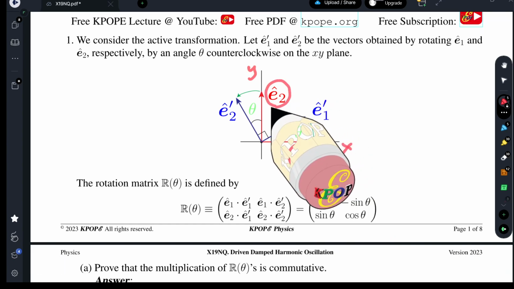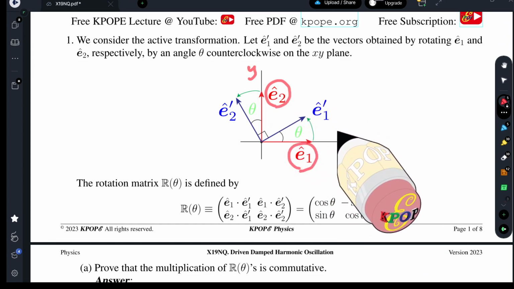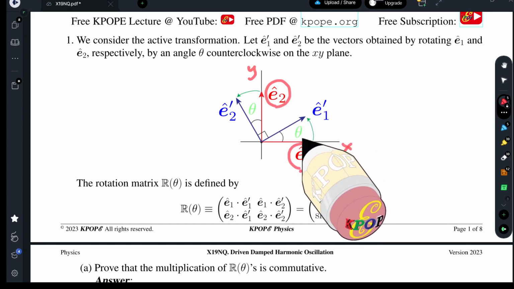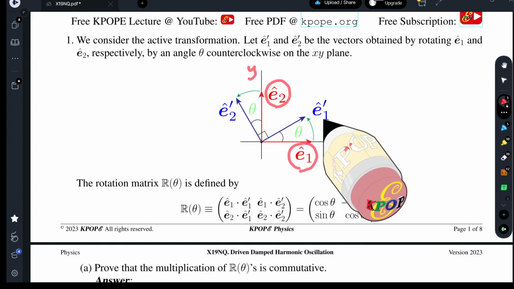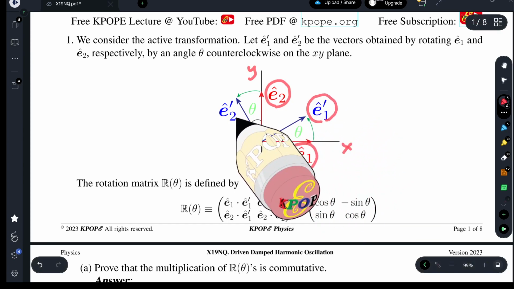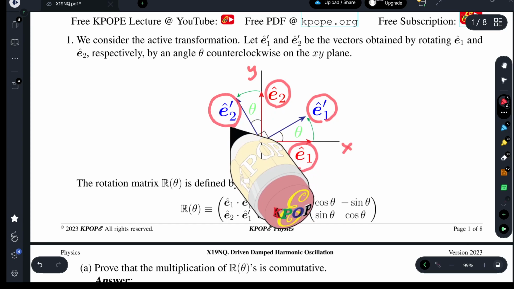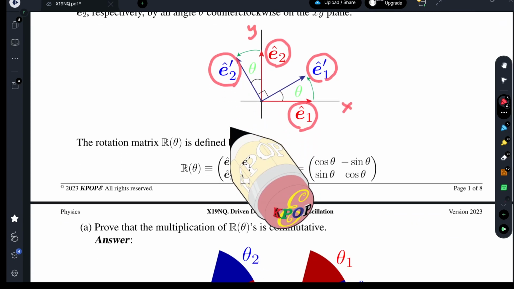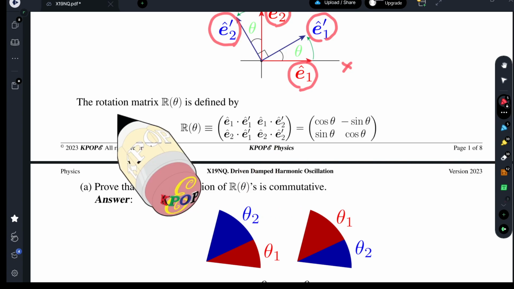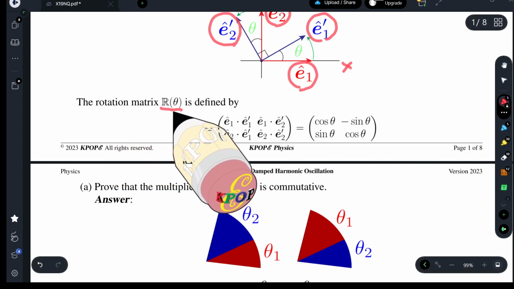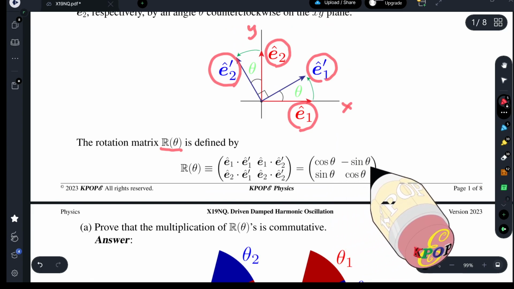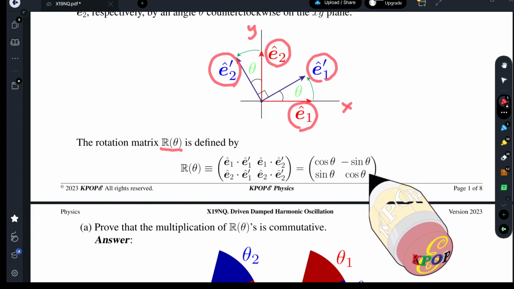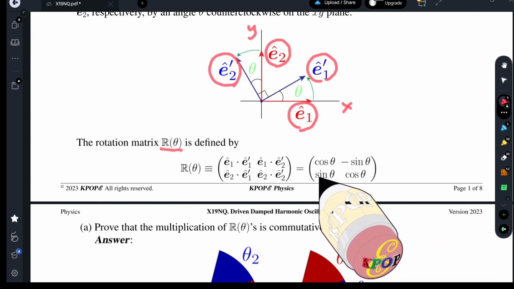We would like to rotate these two vectors by an angle of theta about the z-axis to obtain E1 prime and E2 prime. As we already studied, the rotation matrix R is defined by cosine, sine and minus sine, cosine.